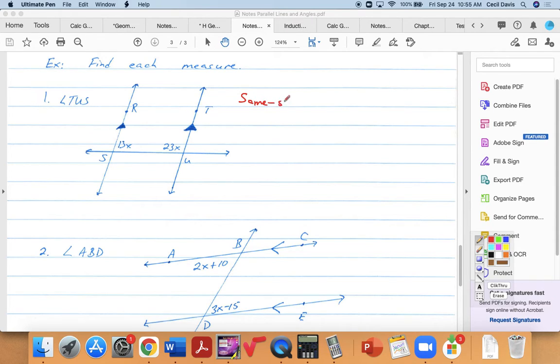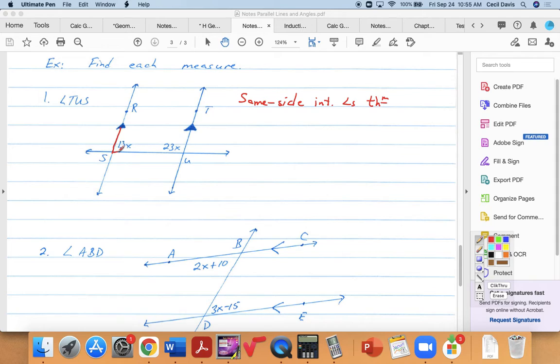Yes? I understand they're supplementary because their sum is equal to 180, but I also don't understand it at the same time. Because if they're parallel, RS and TU are parallel. I'm just confused on how. Okay. So think about it this way.